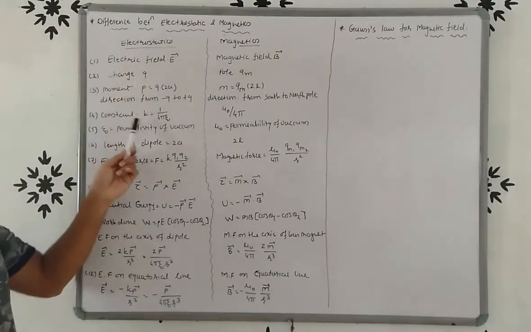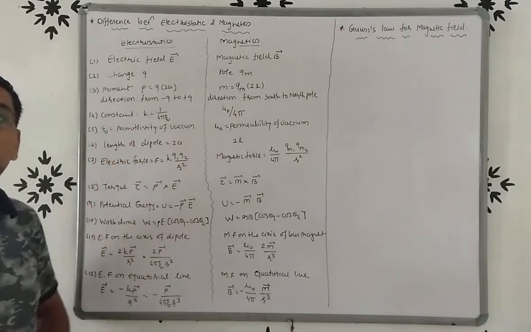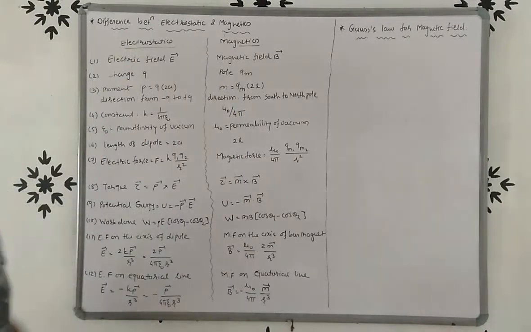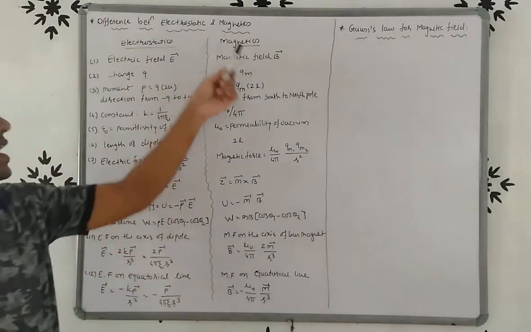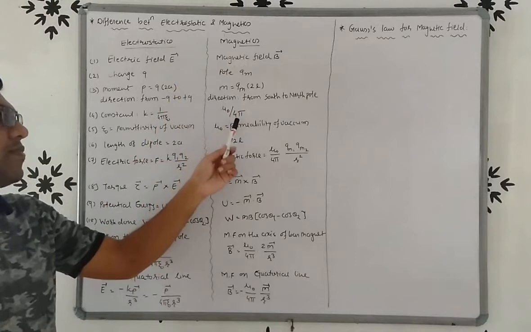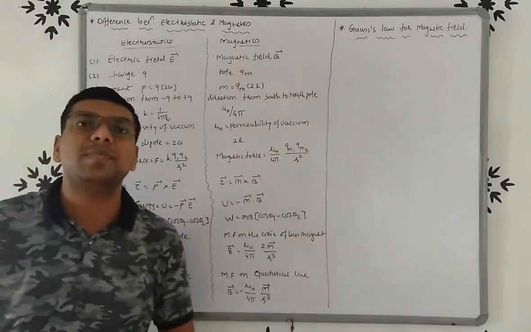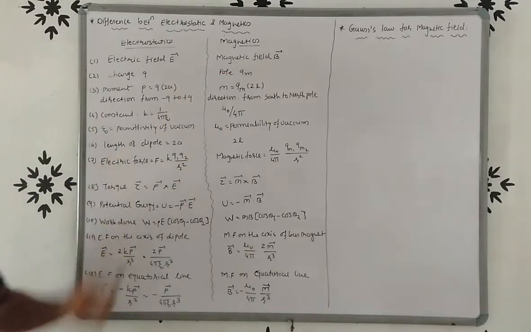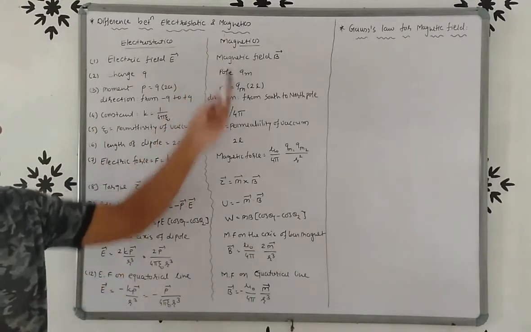In electrostatics, constant k equals 1 by 4 pi epsilon 0, where epsilon 0 is the permittivity of vacuum. And in magnetics, the constant is mu 0 by 4 pi, where mu 0 is the permeability of vacuum. In electrostatics, the length of dipole is 2a. In magnetics, 2l.